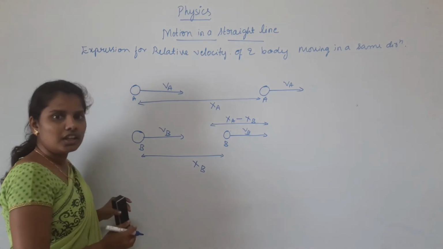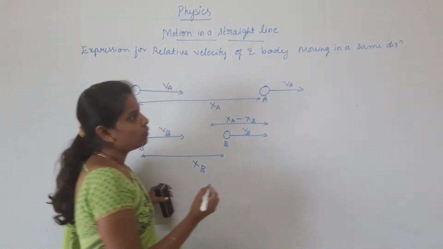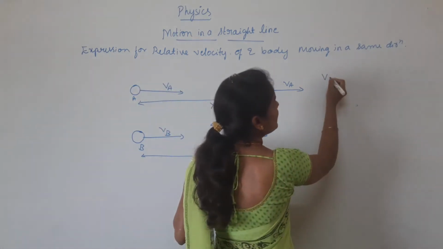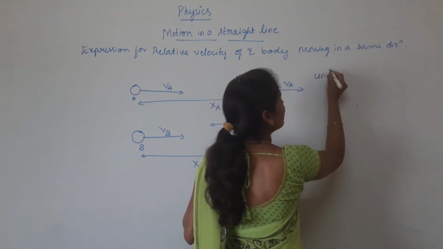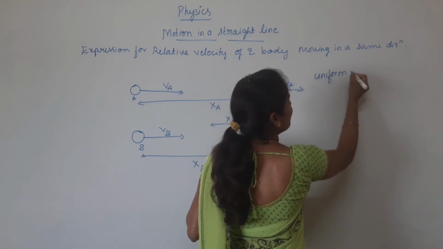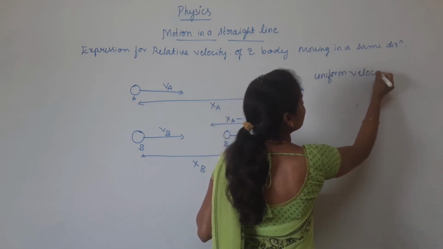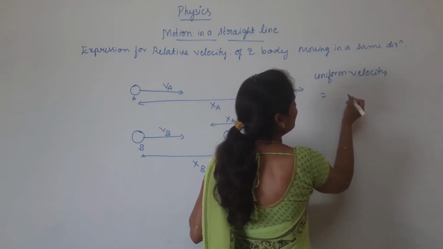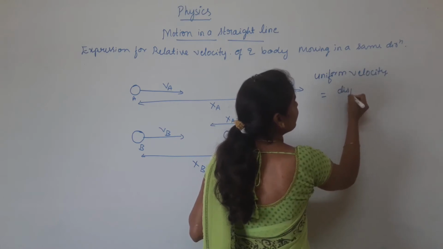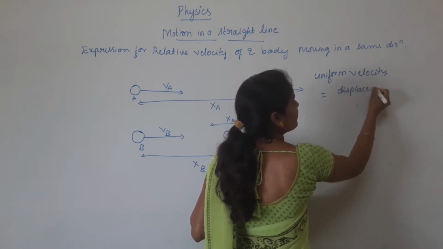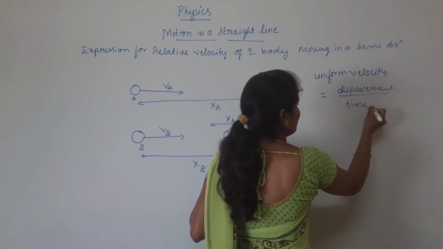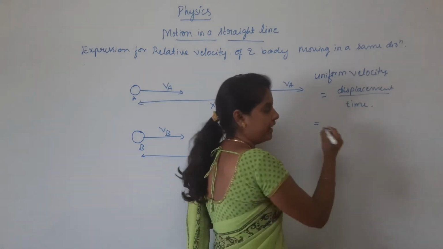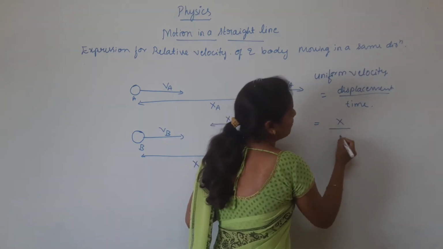Then we know, what do you mean by velocity? For uniform velocity, velocity is given by displacement divided by time. Here displacement means x, so v equals x divided by t.